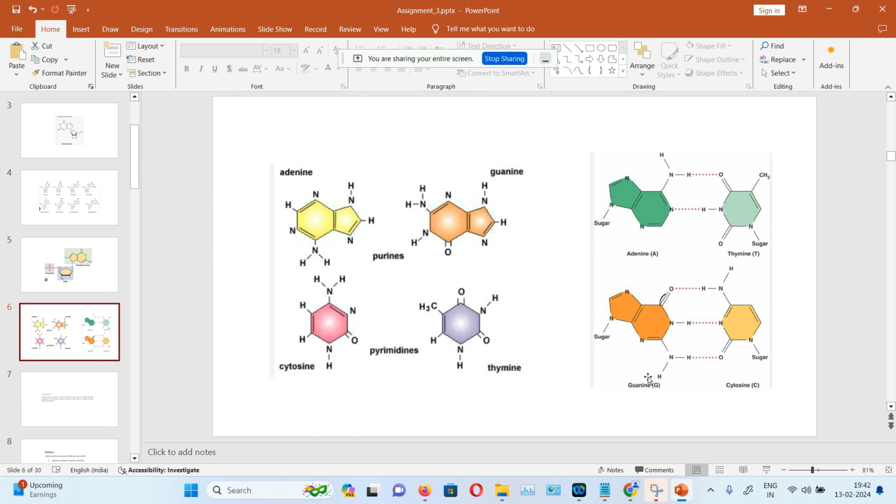Similarly, guanine makes three hydrogen bonds with cytosine, and vice versa. It can combine only in this manner. All these things stay in a plane only, and it gives a ladder-like structure.